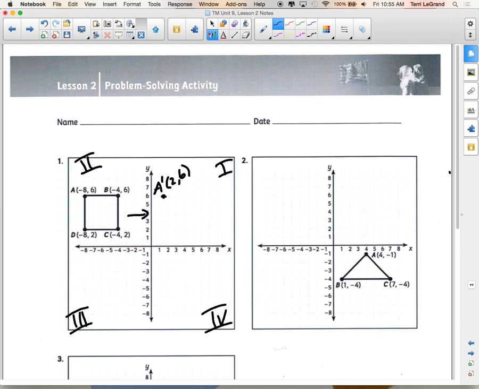I want you to count now and see, did that point move 10 units to the right? Start at point A and count how many units it takes you to get to A prime. Did it move 10 units, right?